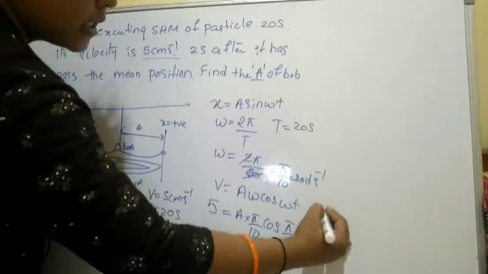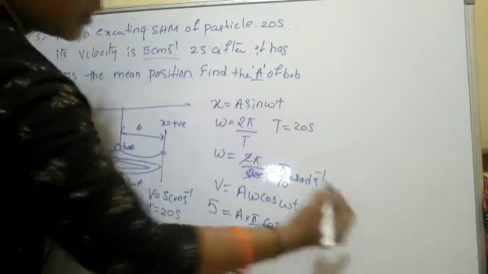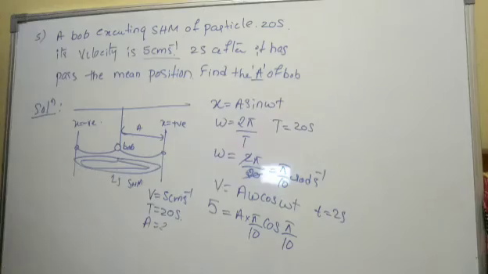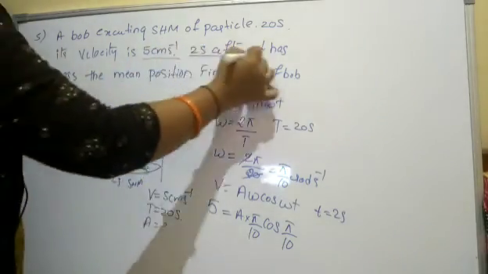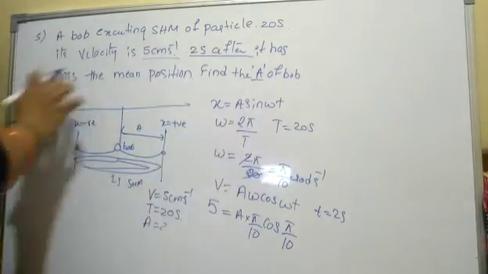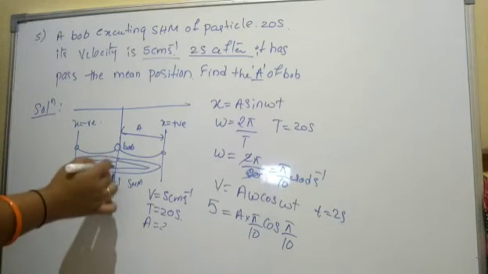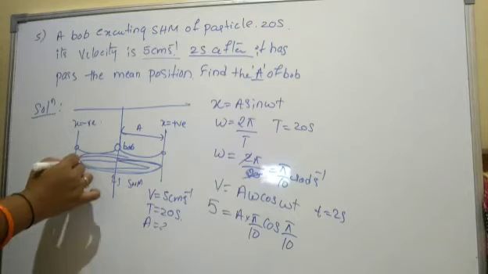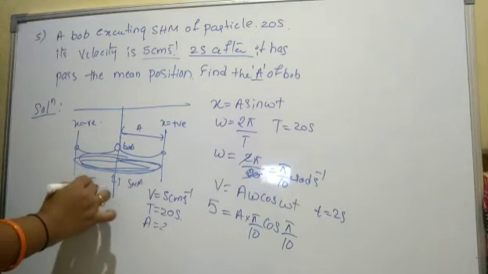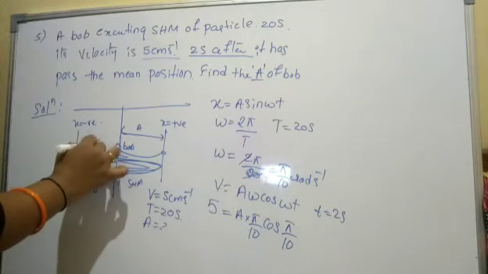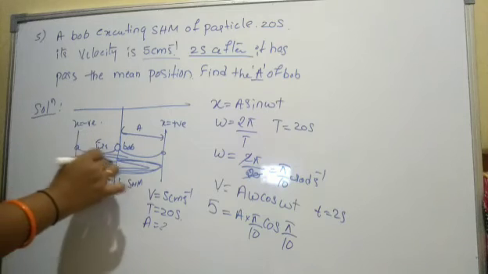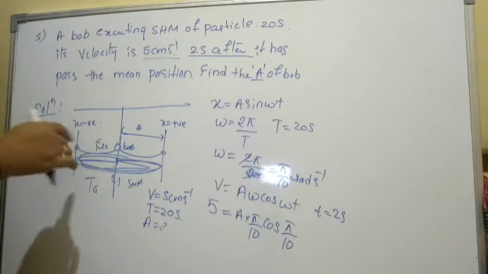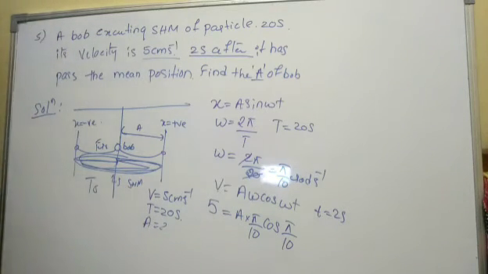So t is 2 seconds after it has passed through the mean position. Two seconds means one oscillation: 1 second for the to motion, another 1 second for the fro motion. After one oscillation it is reaching the mean position. So there we need to find the amplitude.